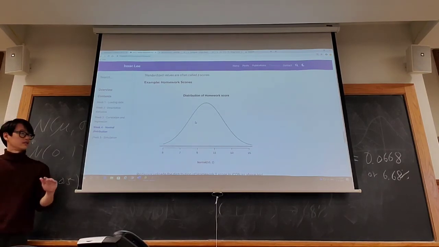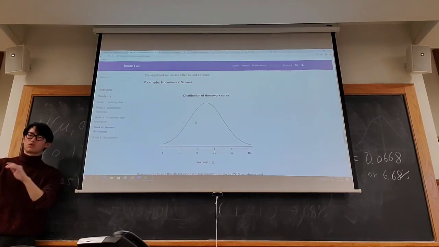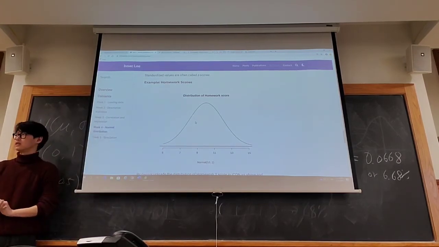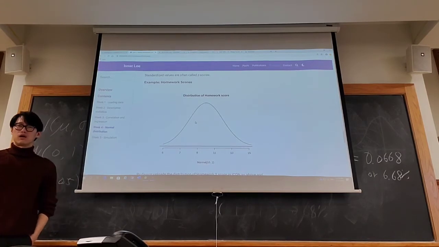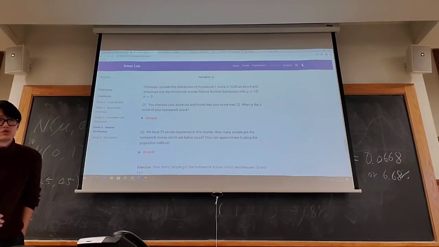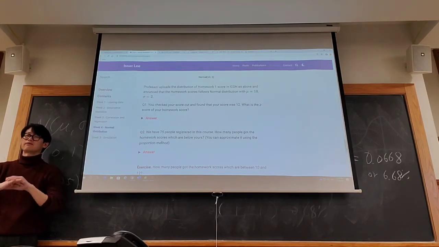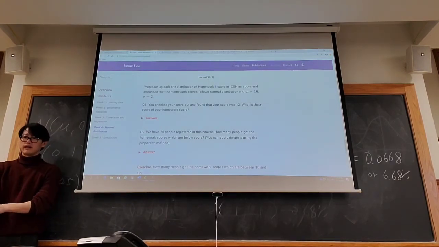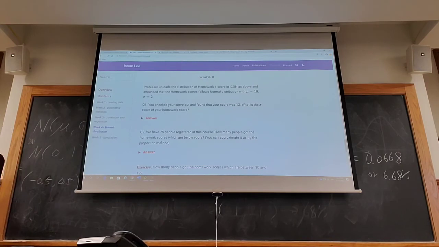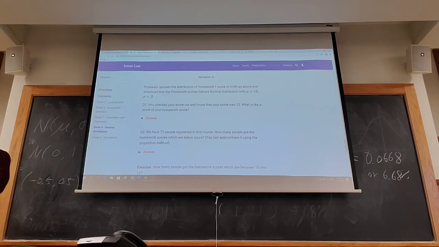So, as I said, let's assume our professor tells you our homework score follows the normal distribution 10-2. Okay? This is your information, and what you want to figure out is question 2. Okay? So we already know there are 75 students in this classroom, and you want to figure out how many people got a homework score below your homework score.